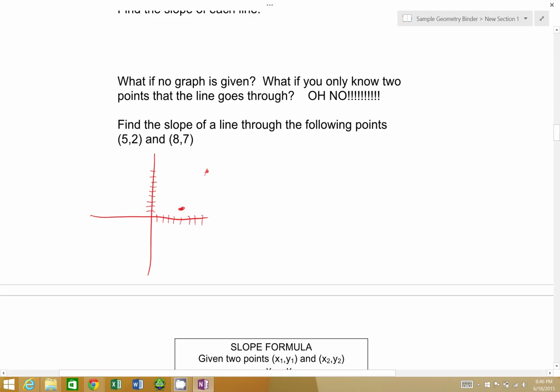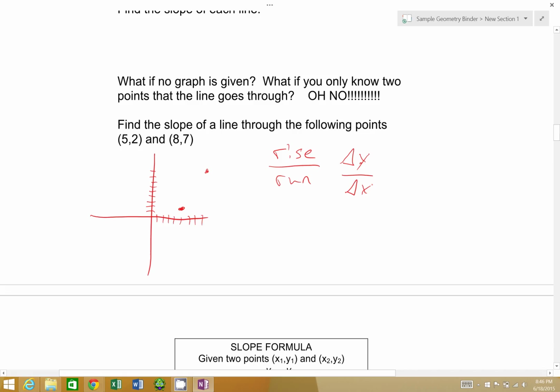Now notice, though, that if I have rise over run, that's change in y over change in x. That triangle that I just drew is the Greek symbol for delta, which means change.